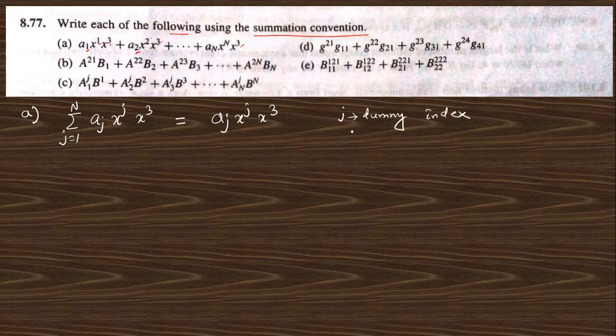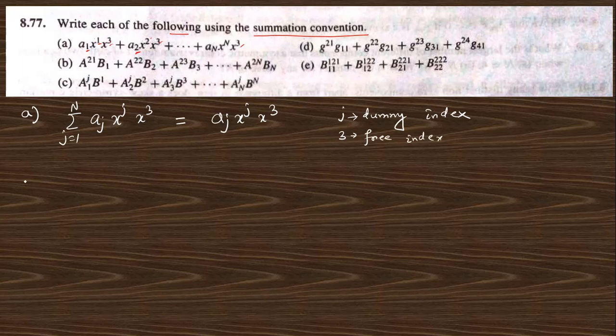In summation form you can write a_j x^j x3, where j runs from 1 to n. Here j is the dummy index, and this 3 is called the free index.